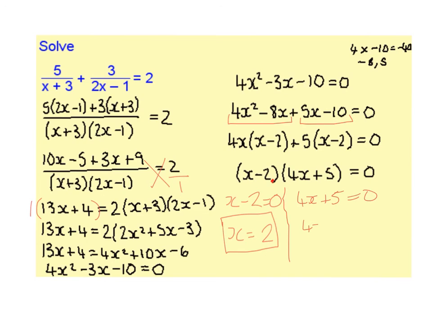So I'm going to have 4x equals minus 5, because all I've done is brought the plus 5 over the other side, or else you could say I've minus 5 to both sides. So I've got 4x equals minus 5. And then I need to divide on both sides by 4. So x is going to equal minus 5 over 4.